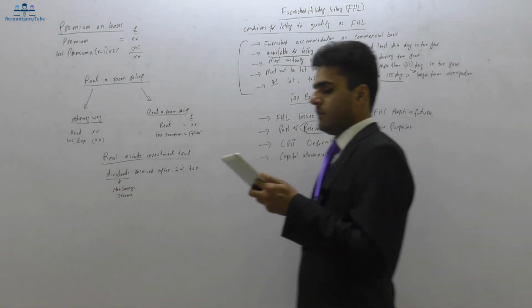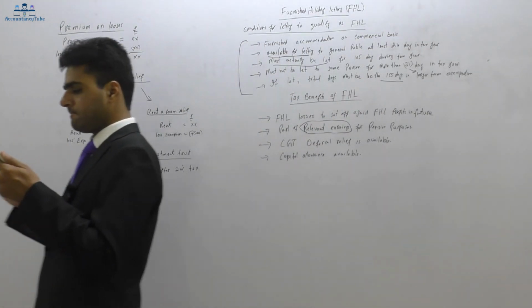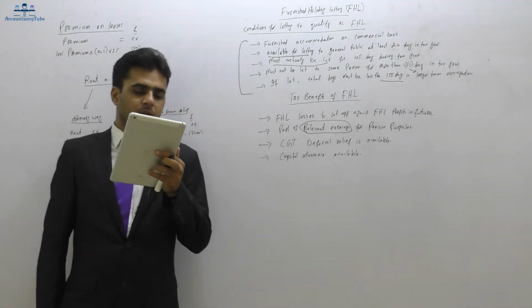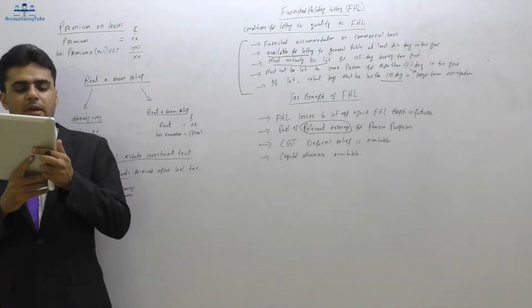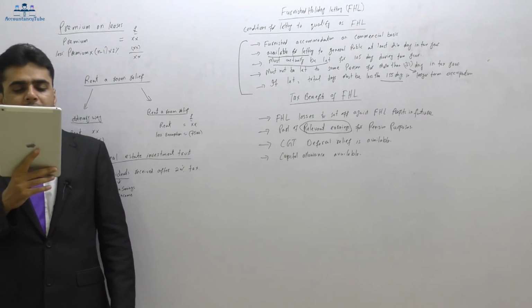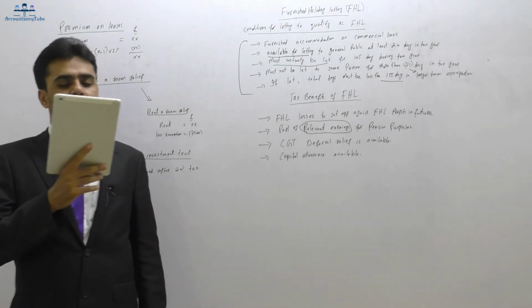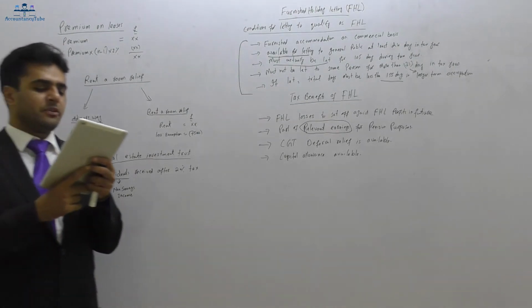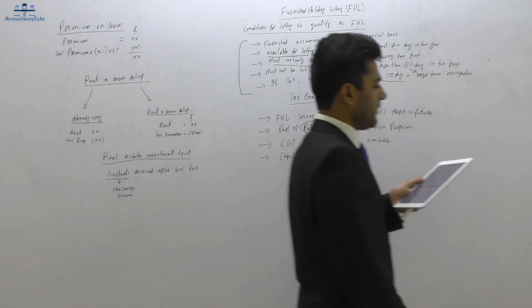And then it says the furnished holiday letting. When looking at the benefits, it says that capital allowances will be available on furniture instead of the 10% replacement of domestic item relief.